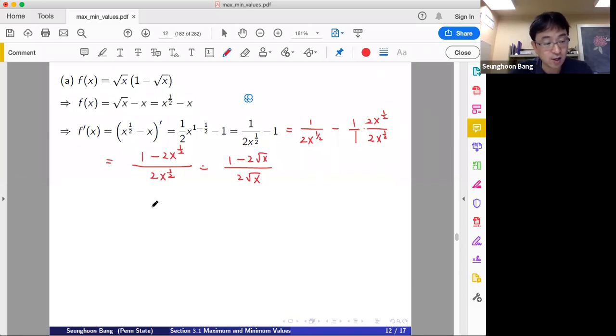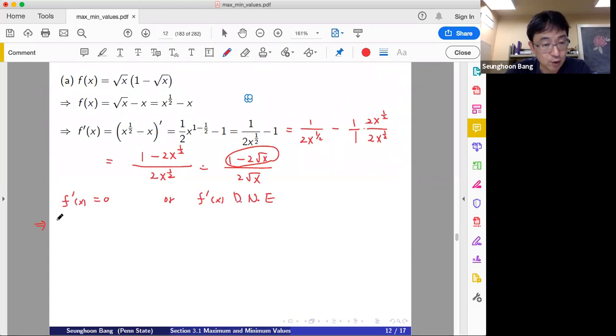So how can you find the critical number? You can set f prime of x equal to 0 or f prime of x does not exist. You think about these two things. f prime of x equal to 0, what does it mean? Only the numerator equals 0.